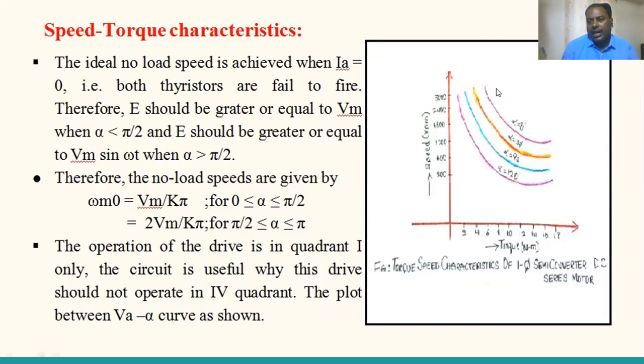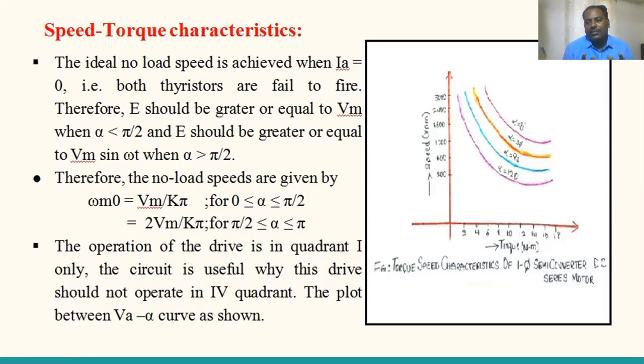We already represented the speed torque characteristics for the separately excited motor, right? In the separately excited motor, the characteristics appear in both continuous and discontinuous conduction, from the no load speeds onwards, for 0 degrees, 90 degrees, 120 degrees and so on. So this is the torque speed characteristics of the single phase series motor.